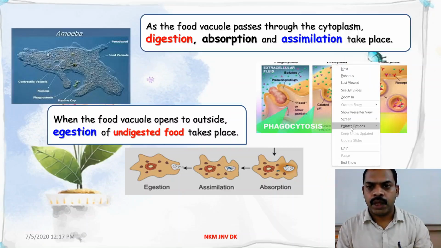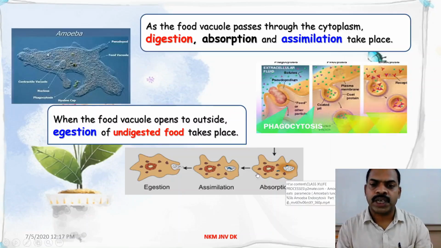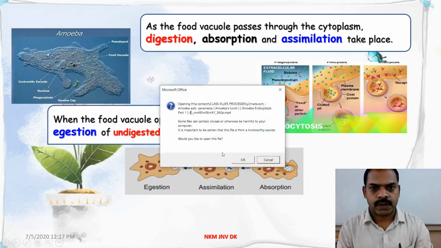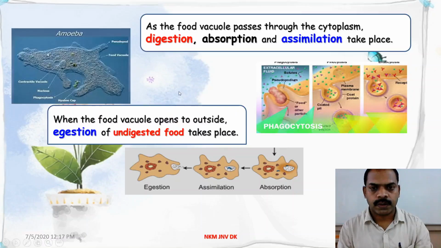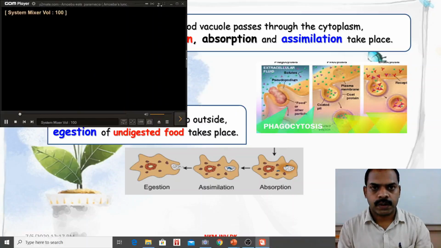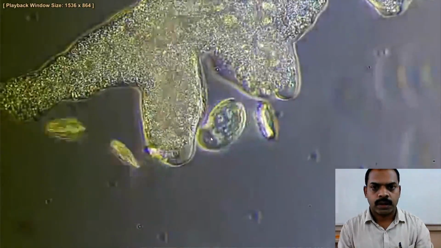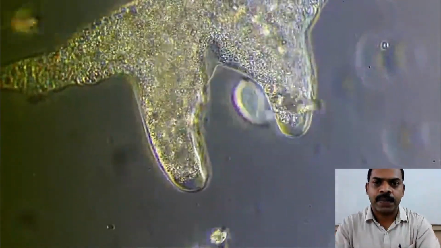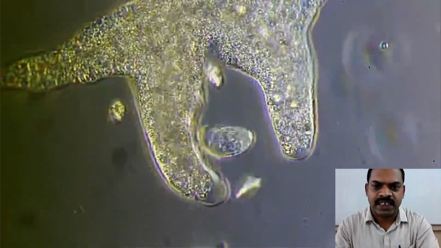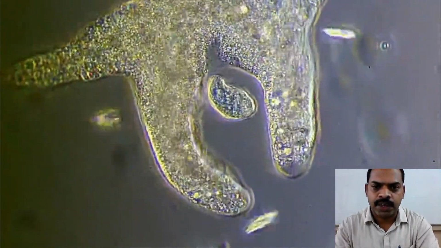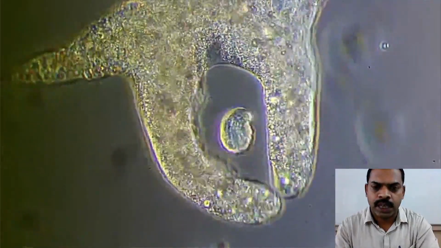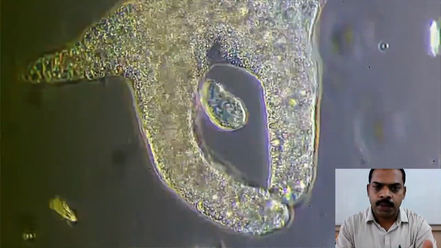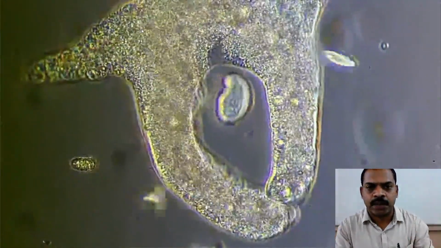Let us see a small video that shows nutrition in amoeba. How do amoeba catch their prey? There is no audio with that. What you can see here is a paramecium has been sensed. One has escaped, but the big one could not escape, because by that time you can see the cytoplasm streaming inside the amoeba.